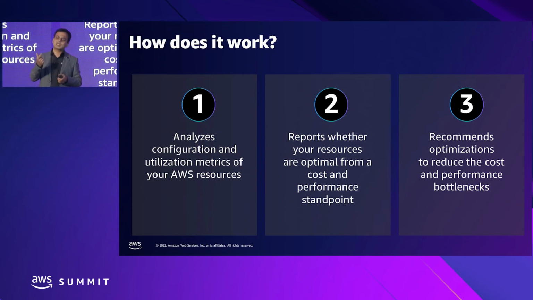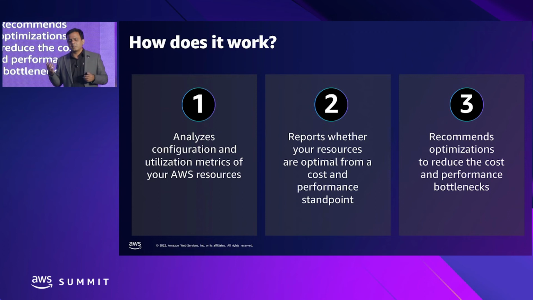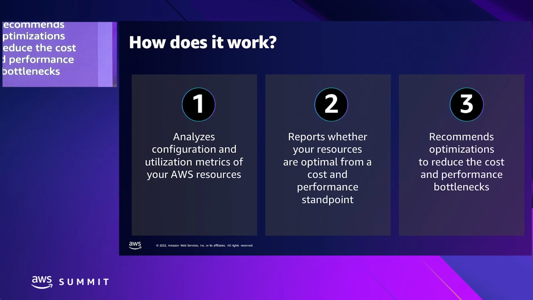This is mostly based on the patterns. Maybe the peak comes just once in a month, and that too for a very short duration. We know from a memory utilization perspective, there can be workloads, database workloads especially, which will keep your memory always occupied. The ML algorithm knows that kind of pattern and gives you the best recommendation on the right size.